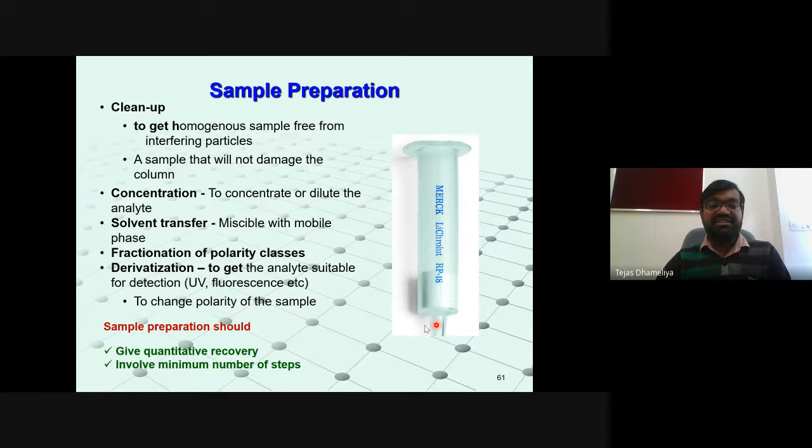And derivatization is sometimes also done. Why derivatization? Because compounds are sometimes UV inactive or fluorescent inactive. So we do some reactions to make their derivatives, and these derivatives can be sensed with the help of detectors. And ultimately we can perform our qualitative or quantitative analysis.